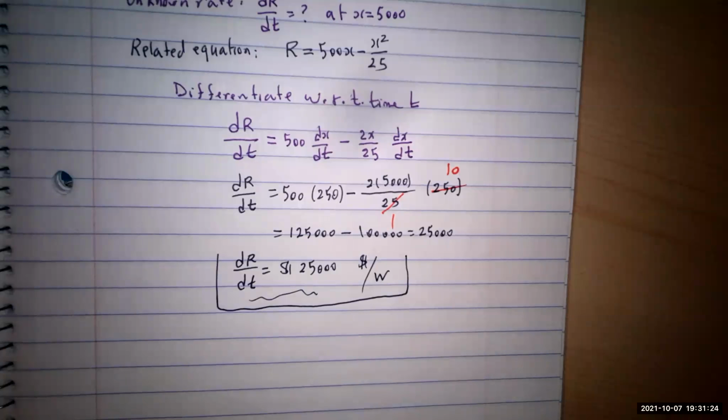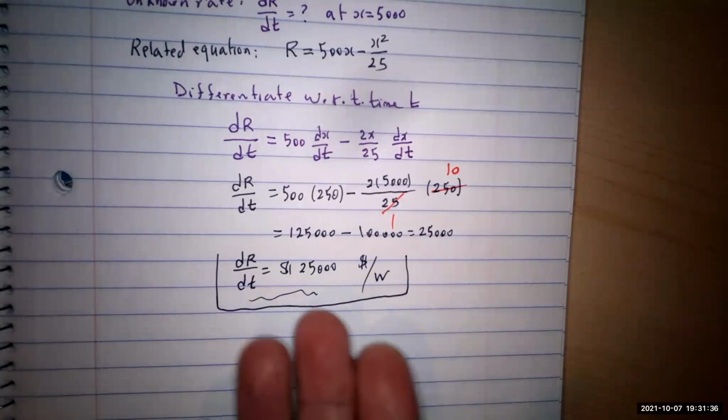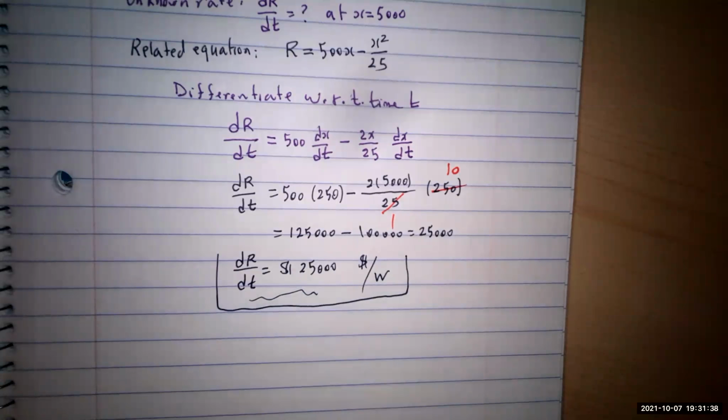This means that if you increase the production at the rate of 250 toys a week, your revenue would increase at this rate, $25,000 per week. Question?